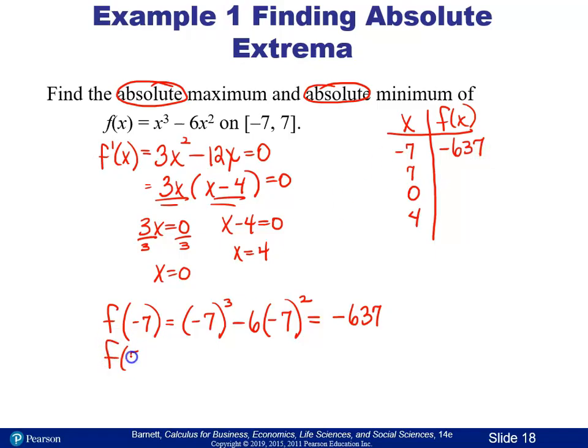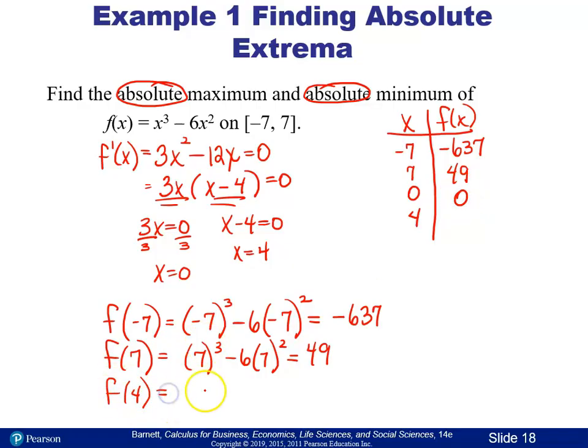Then I'll do f of 7, and that's going to be 49. If I put 0 in, that one's easy, 0 is just going to be 0. And then f of 4, you can verify this, will be -32.